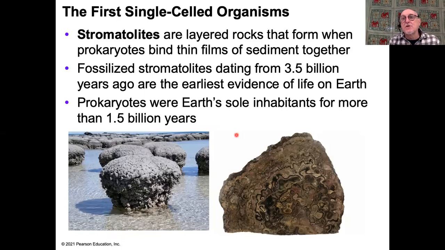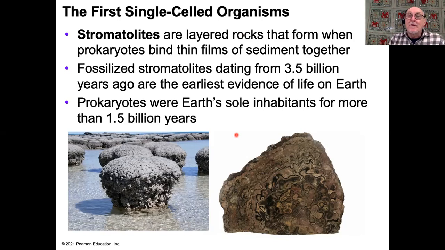The very first true living organisms to evolve were prokaryotes. Now remind yourselves about what characterized a prokaryote. A prokaryote has only got a cell membrane around the cytoplasm, and the DNA is not bound into a nucleus. It is inside the cytoplasm, but unbound by a nucleus.